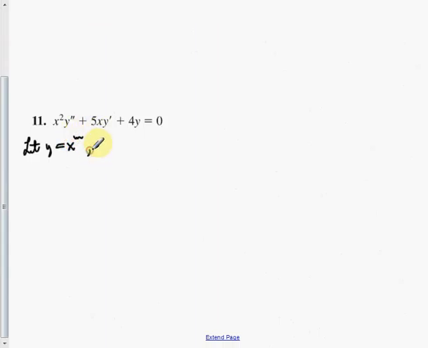Y prime is equal to m times x to the m minus 1, y double prime is m times m minus 1 times x to the m minus 2.